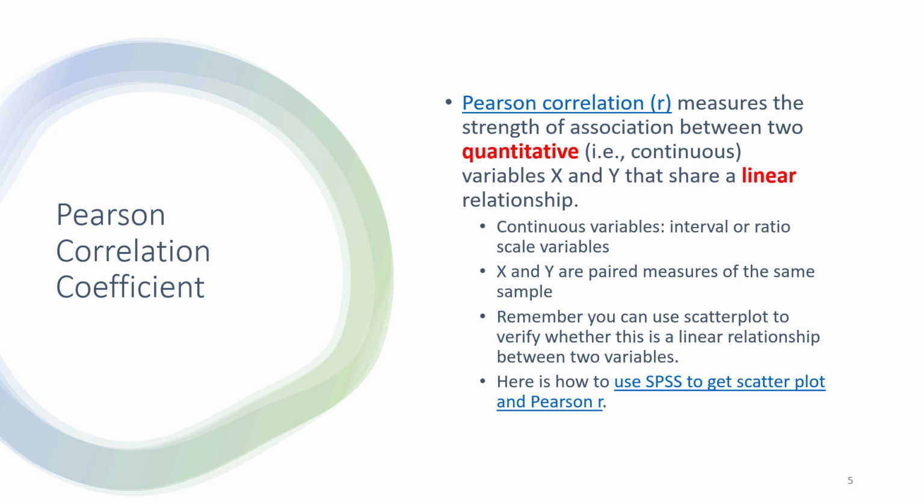In other words, both variables, x and y, must be either interval or ratio variables. To check for a linear relationship, use a scatter plot. If you're unsure how to generate a scatter plot, refer to the linked video tutorial.